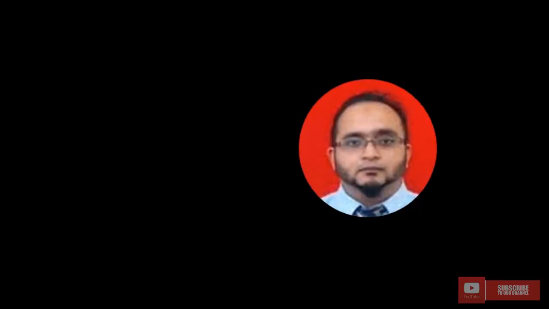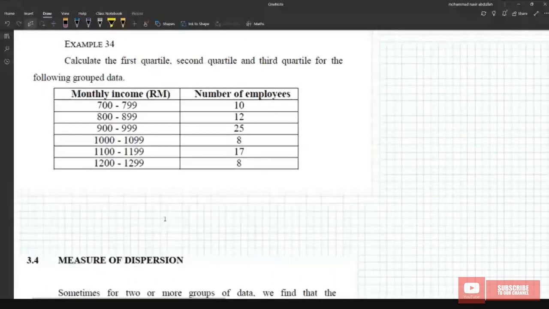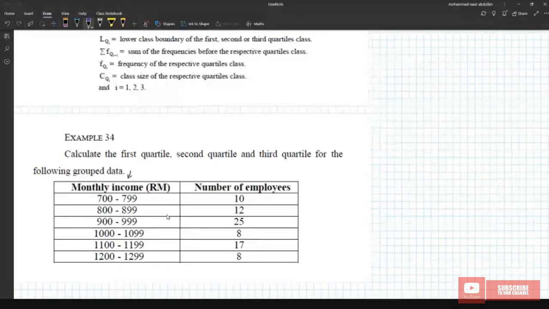Example number 34, right? Same steps as median. So this is your class size, and this is your frequency, and then you need to calculate the cumulative frequency class.